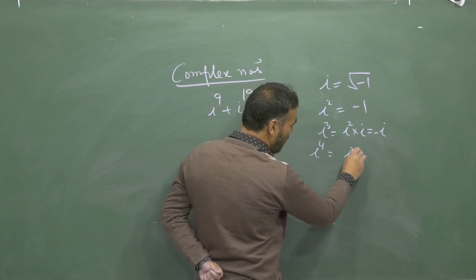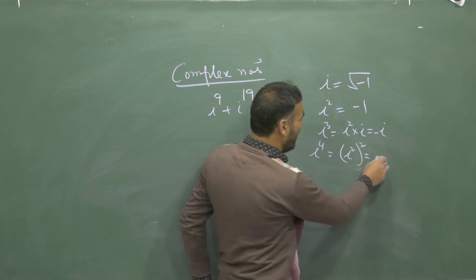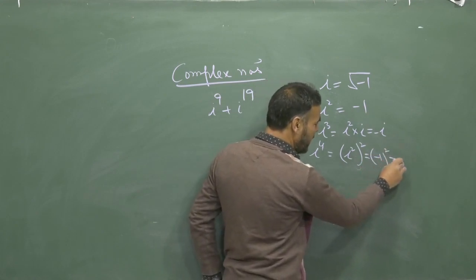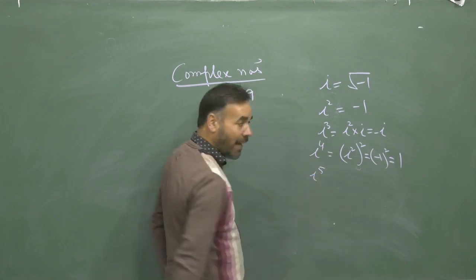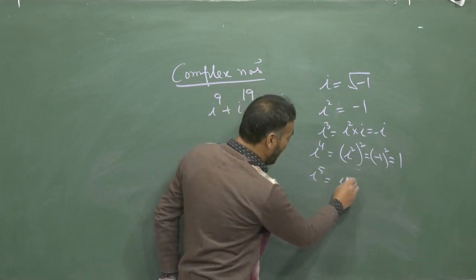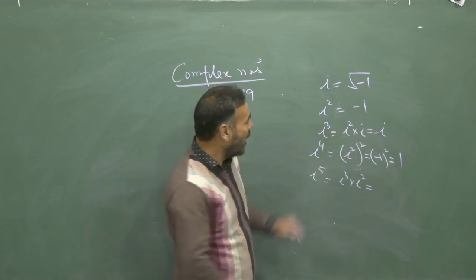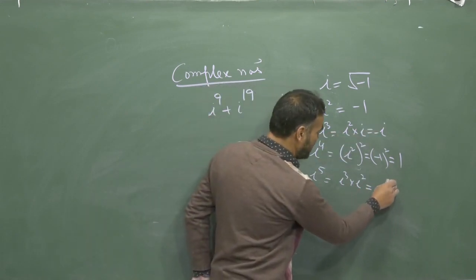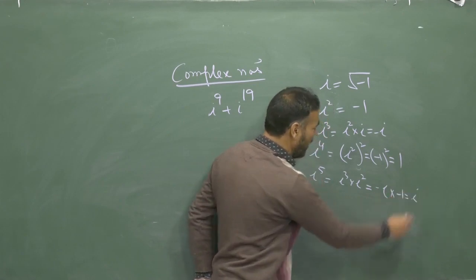We can write iota square whole square. Iota square is -1, and -1 square will be +1. Then iota raised power 5. We can write iota cube into iota square. Iota cube we have got as minus iota. Iota square is -1, so it is plus iota.